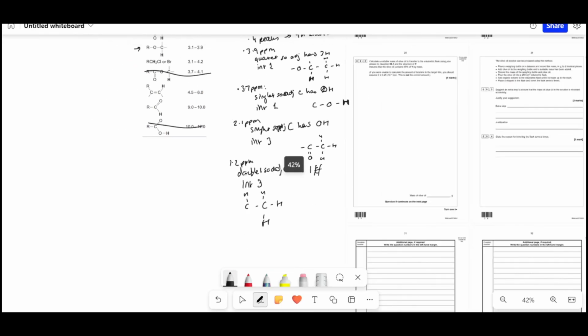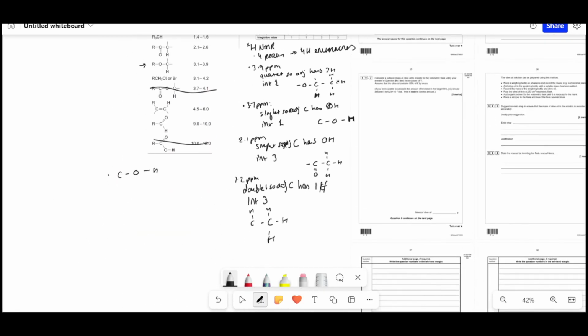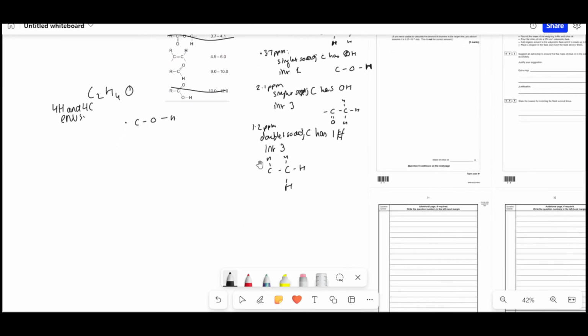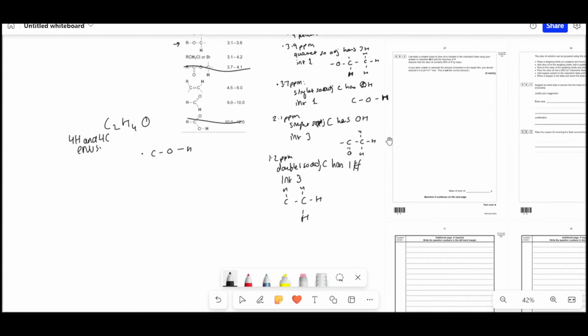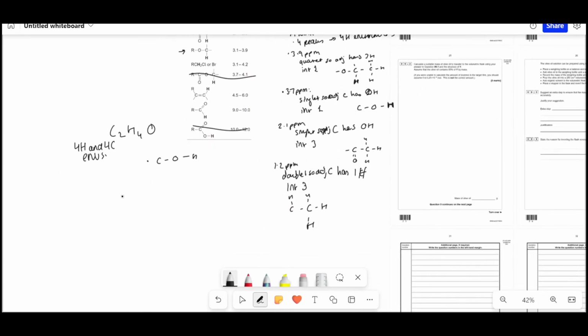So now collect all the pieces of the puzzle that you've got together. So we know that, again, it has to have a COH, that's an alcohol. We know its empirical formula is C2H4O. We know that it has 4 hydrogen and 4 carbon environments. And we've got some puzzle pieces here. So we know that one of the pieces of this puzzle is an OCHCH3 like this.